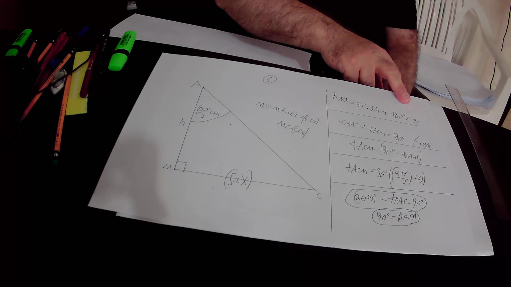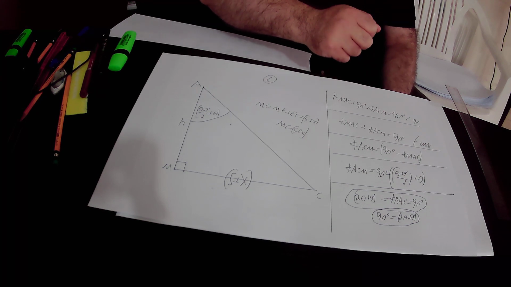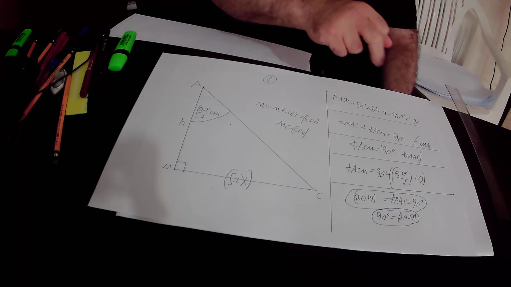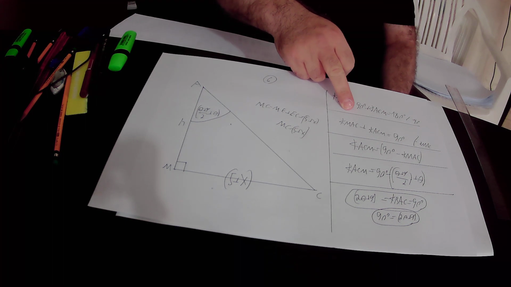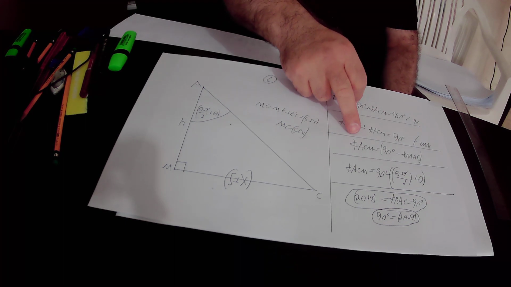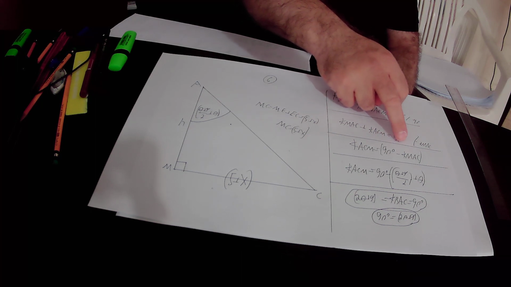We subtracted 90 degrees, and we found that angle MAC plus angle ACM equals 180 degrees minus 90 degrees, which is 90 degrees. We subtracted angle MAC, and we found that angle ACM equals 90 degrees minus angle MAC.